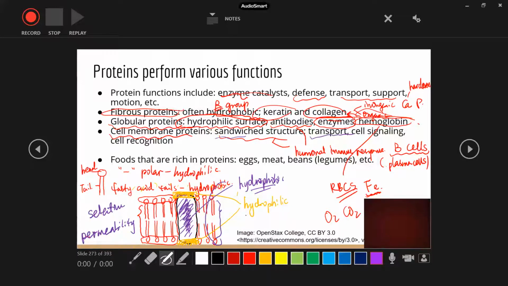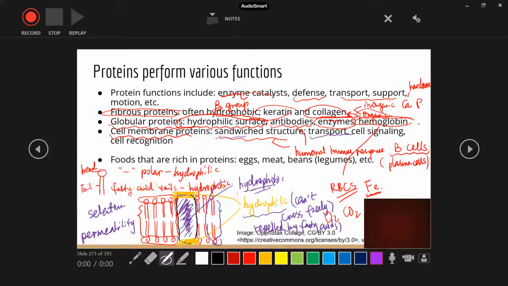So I'm going to just use these terms here. Hydrophilic, they cannot cross the cell membrane freely. Again, because they're repelled by fatty acid tails.